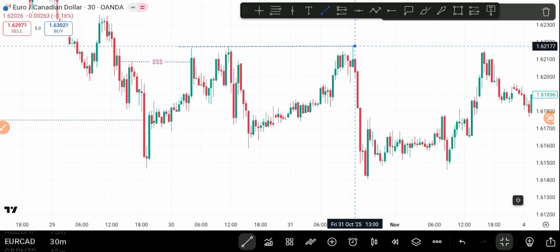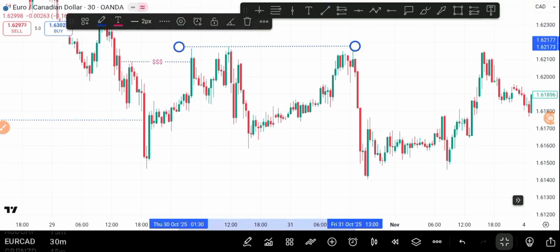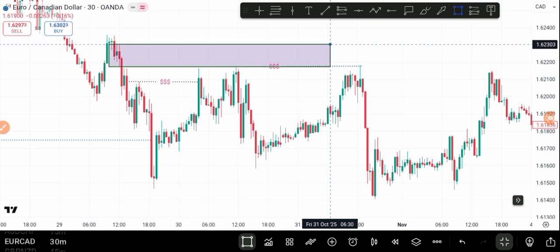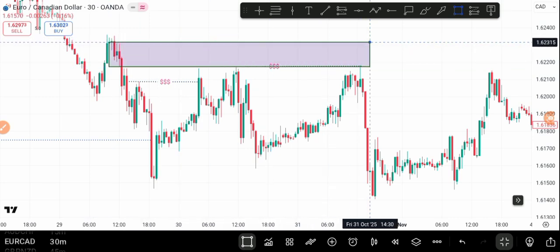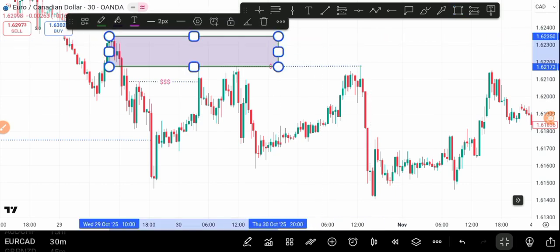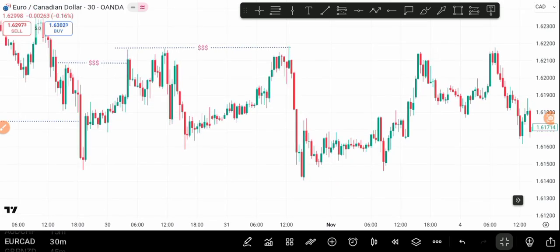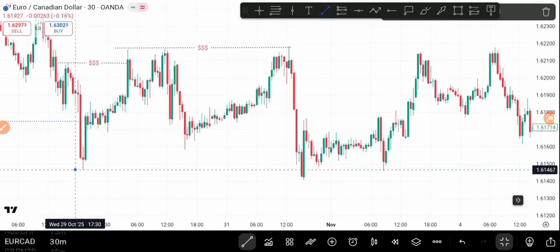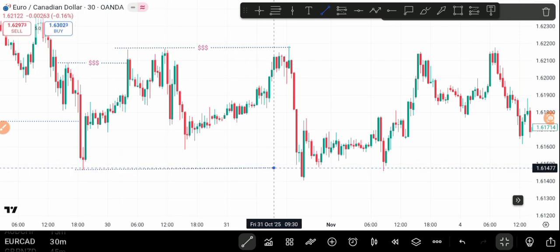Actually, this is more liquidity, right? Tapped into this order block. There's an order block here in the 30 minutes time frame. Actually, it took liquidity, tapped into this order block, and then it went to break structure, right? So I don't want to mark this order block. Let me just remove it. And then it went down to break this structure to the downside.